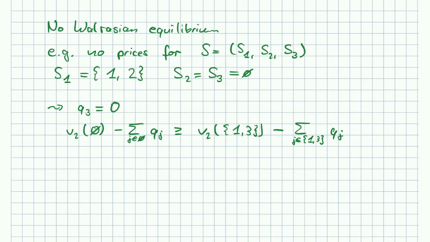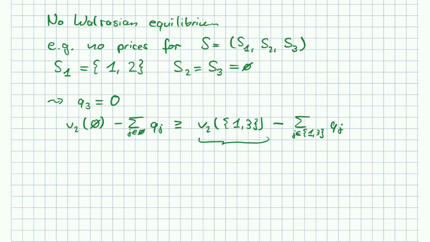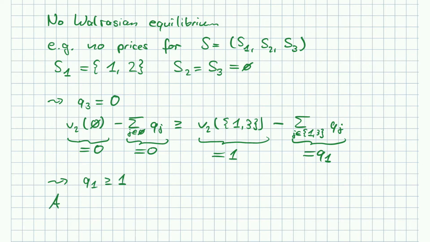And what do we have now? This would be 1, this would be 0, this would be 0, and this would be just the first price because Q3 is 0. So what we're getting is that Q1 has to be at least 1. And analogously, Q2 will have to be at least 1.